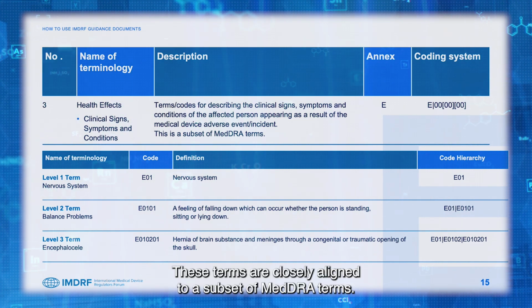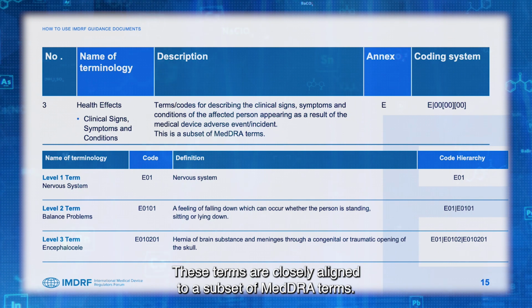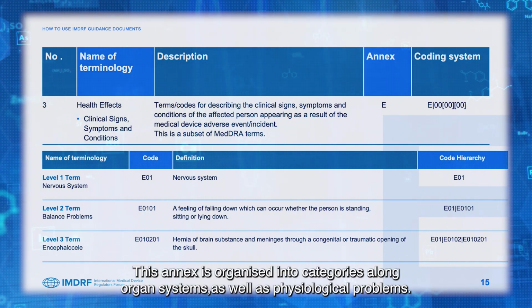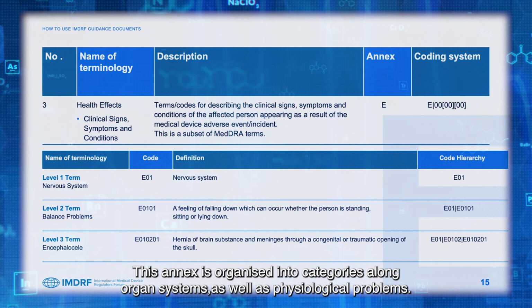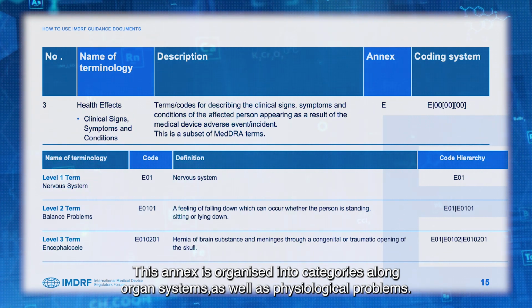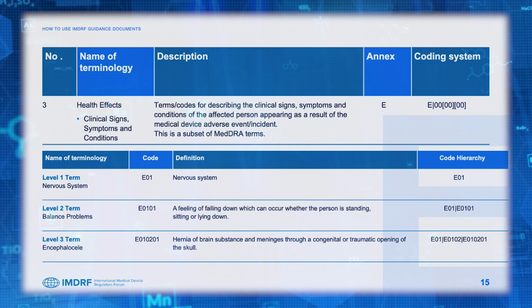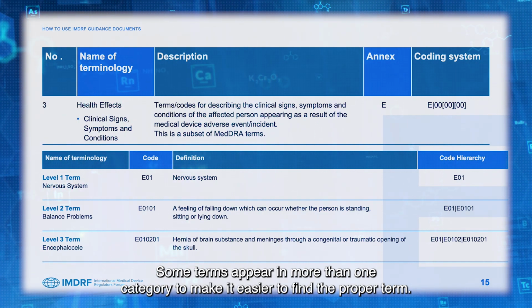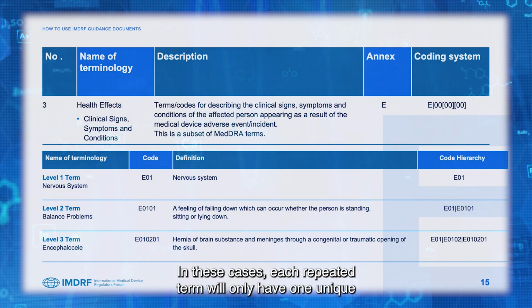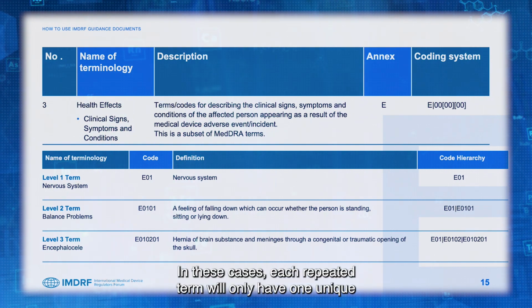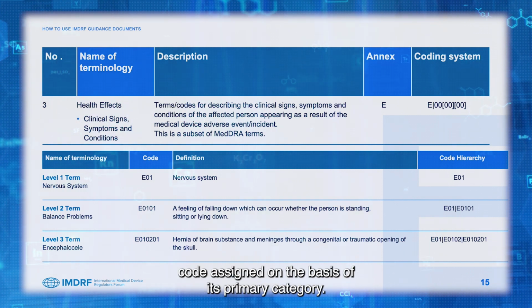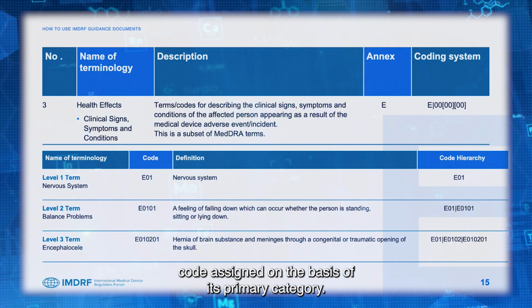These terms are closely aligned to a subset of MedDRA terms. This annex is organized into categories along organ systems, as well as physiological problems. Some terms appear in more than one category to make it easier to find the proper term. In these cases, each repeated term will only have one unique code assigned on the basis of its primary category.